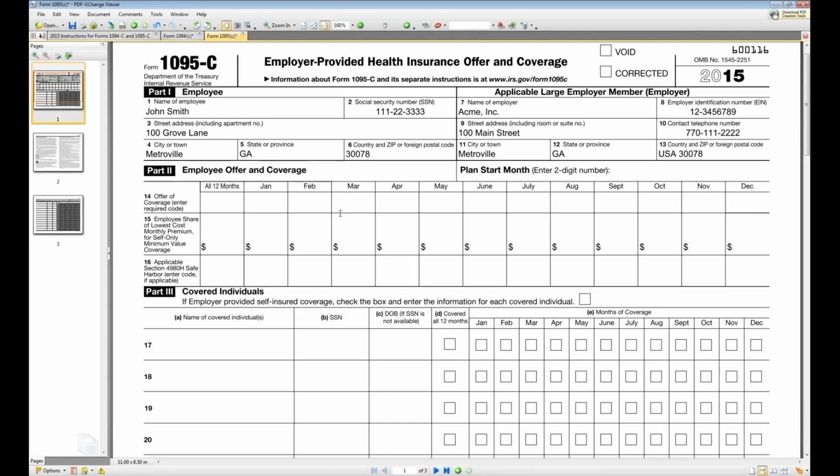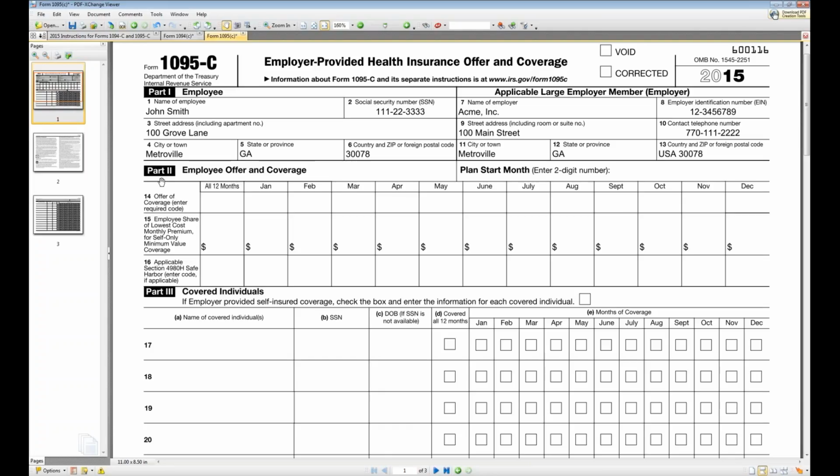But if John's status changed during the middle of the year, we've got to go month to month and complete all 12 monthly columns. So employers, whether you're calendar year or non-calendar year, for some of your employees you'll likely be able to use the all 12 months column. Some of them you'll have to go month to month, and that will vary as the examples will show.